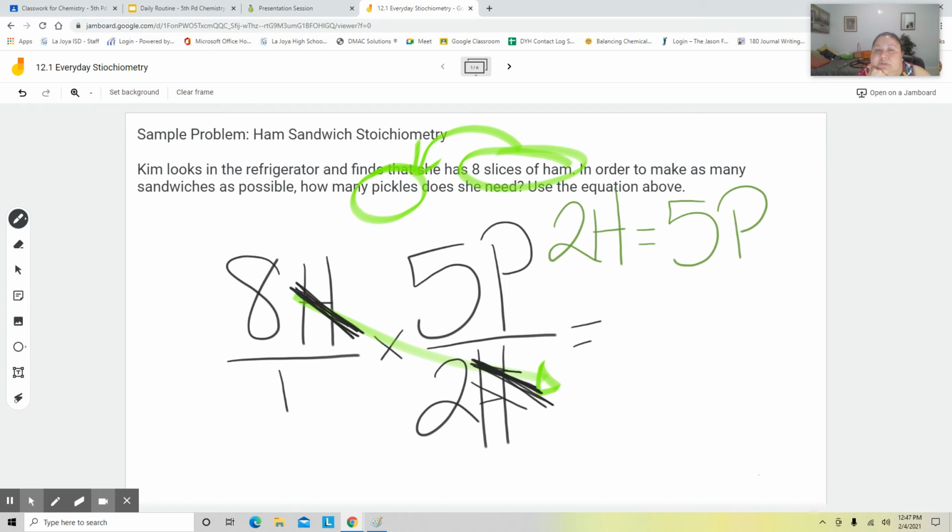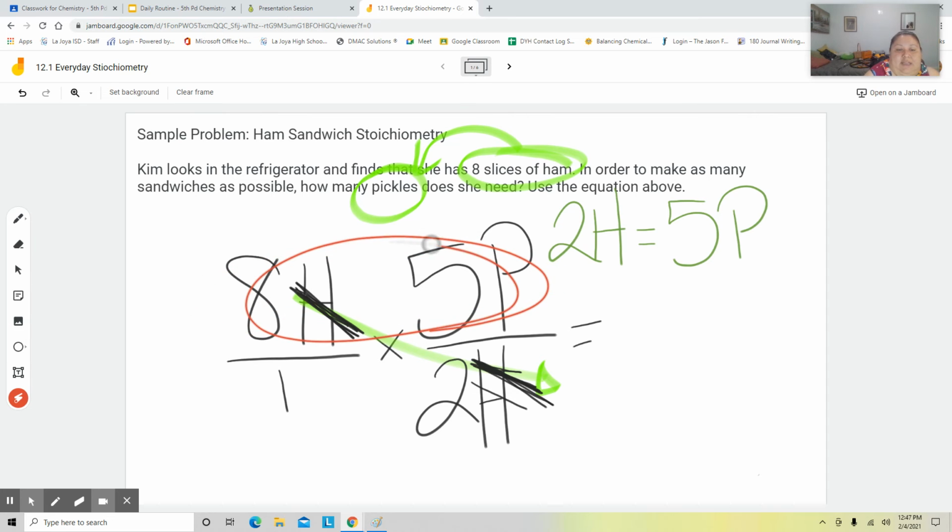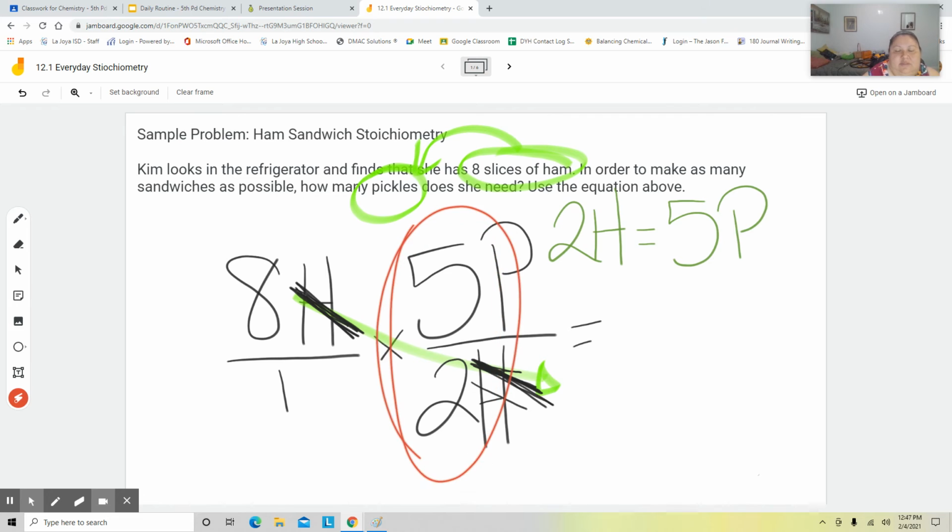Now, what are we going to do? What did I say we do this way? Side by side. What do we do when the numbers are side by side? We're going to multiply. And after we multiply, what am I going to do up and down? What does this line mean?